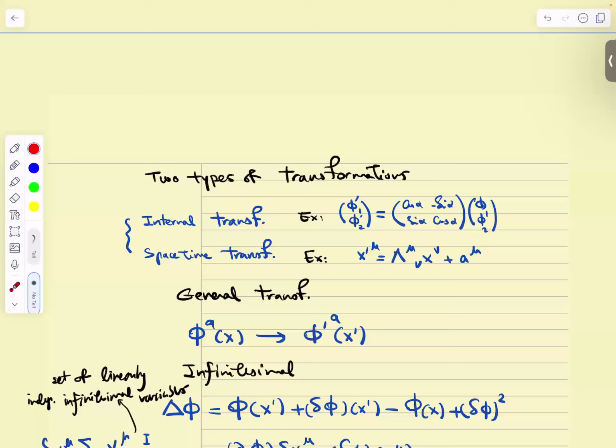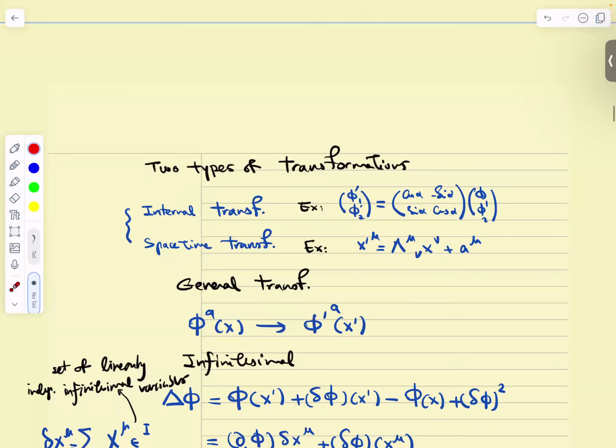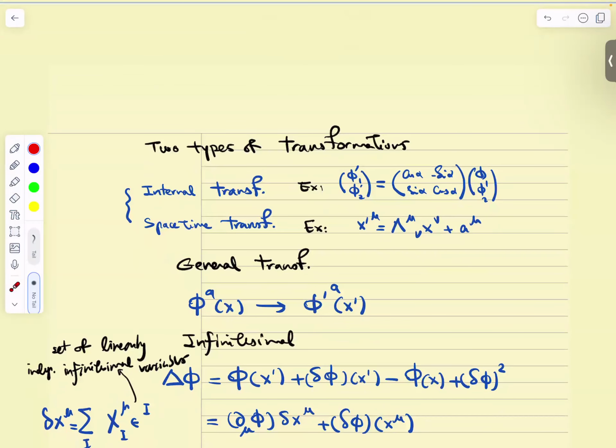It has another name. Anyone knows what it's called? Global transformation. It's called a global transformation. Global because it has no dependence on space. I don't have any simple examples. Yeah. So internal transformations are those.